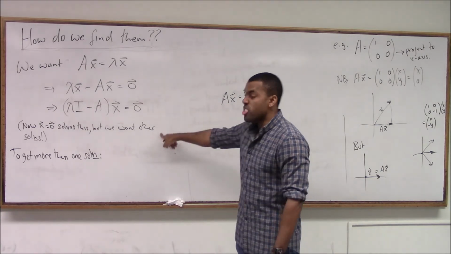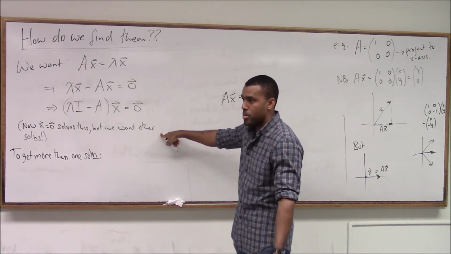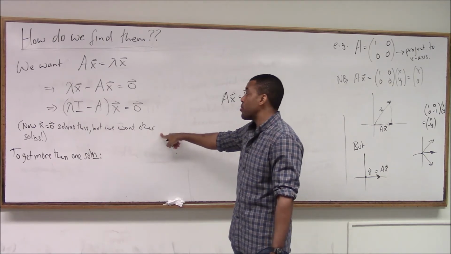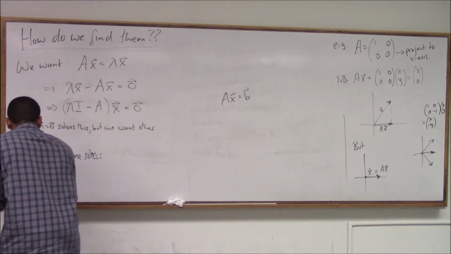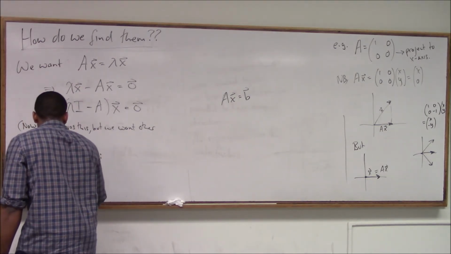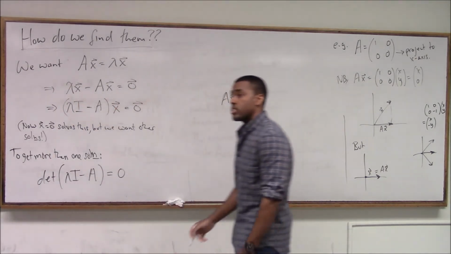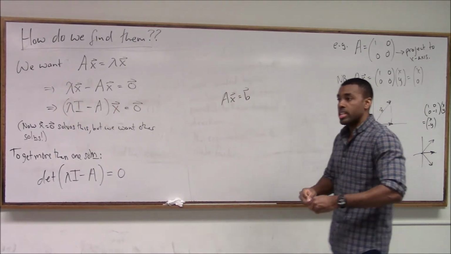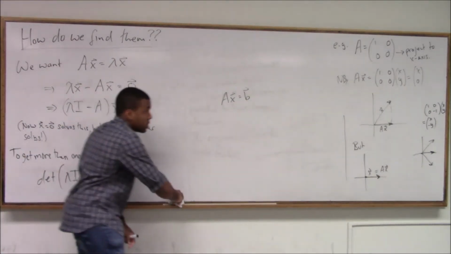So if I want solutions other than the trivial solution, it must have infinitely many solutions, which means I want to force the determinant of the coefficient matrix to be 0. So I need the determinant of lambda I minus A to be 0. If the determinant is not 0, there's only the trivial solution.